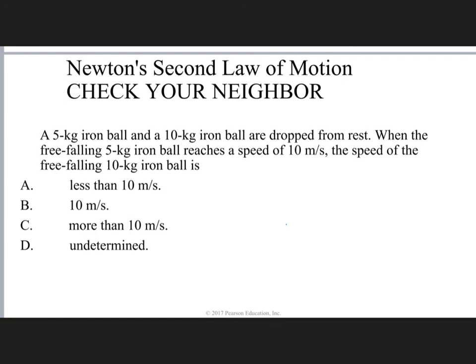So what's the rule? How do things accelerate? Everything accelerates at the same rate, little g, 9.8 or about 10 meters per second squared. So if the first one is moving 10 meters per second, the second one is going to have accelerated the same amount. And so it will also be moving about 10 meters per second. And so that will be our answer.